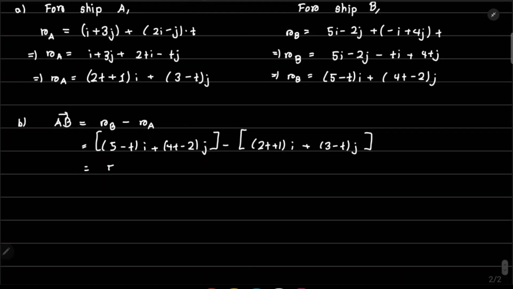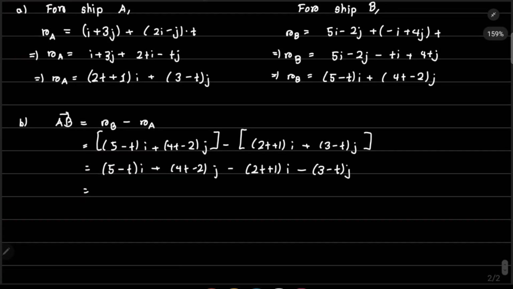So if I subtract them from each other, I'll have 5 minus t i plus 4t minus 2 j minus 2t plus 1 i minus 3 minus t j. Now I'll separate the i and j components again and then join them together.